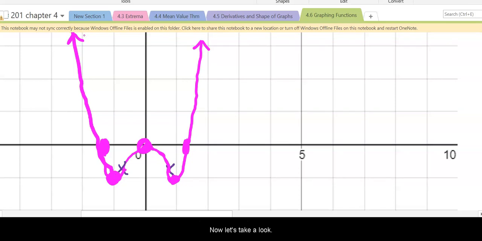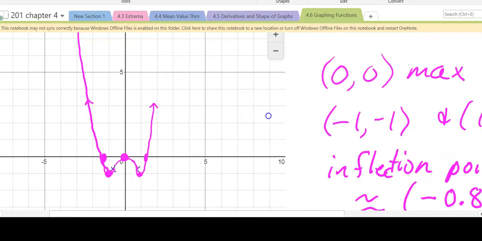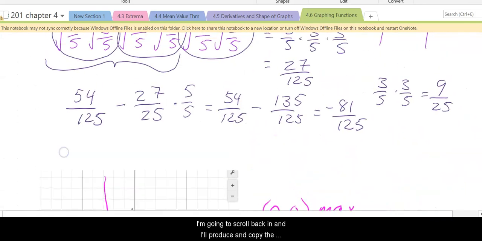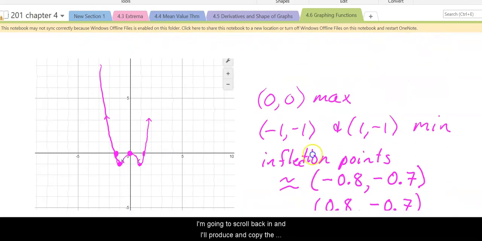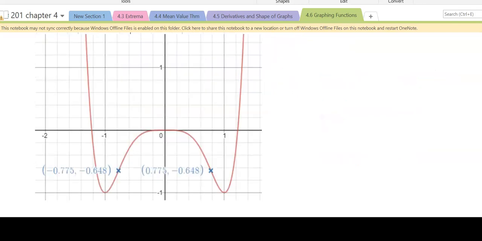Now let's take a look at something on Desmos to see how close we got with our estimate of what the graph looked like. I'm going to scroll back in and I'll produce and copy the graph from Desmos directly below. Let's see how we did. This is a graph of our function on Desmos.